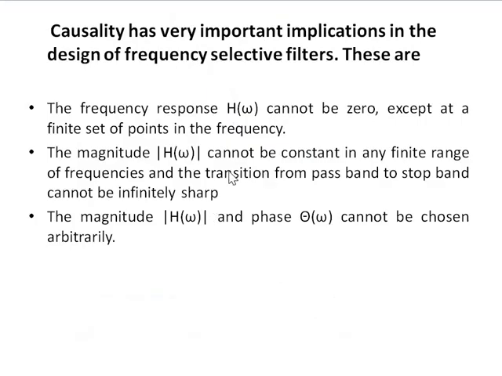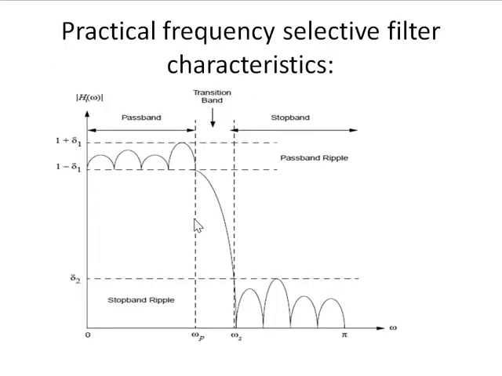Now the second point: the magnitude of h of omega cannot be constant in any finite range of frequencies, and the transition from pass band to stop band cannot be infinitely sharp. The ideal low pass filter cannot agree with this. In this practical filter, the transition band characteristic is not sharp; it decreases slowly.